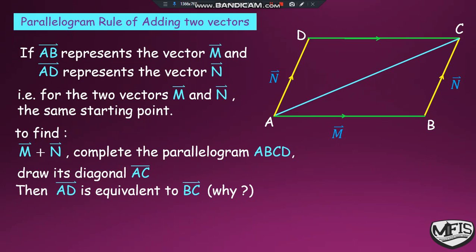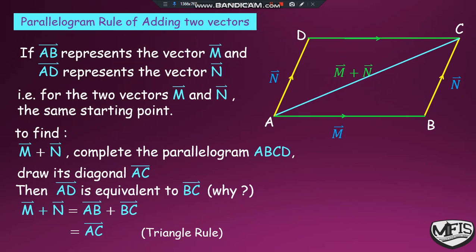AD is equivalent to BC, of course, because AD and BC have the same direction since they are parallel, and the same magnitude because AD equals BC, by the properties of a parallelogram. So M plus N equals AB plus BC equals the diagonal of the parallelogram AC.